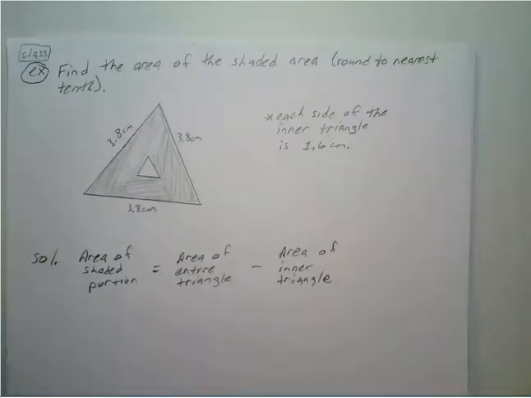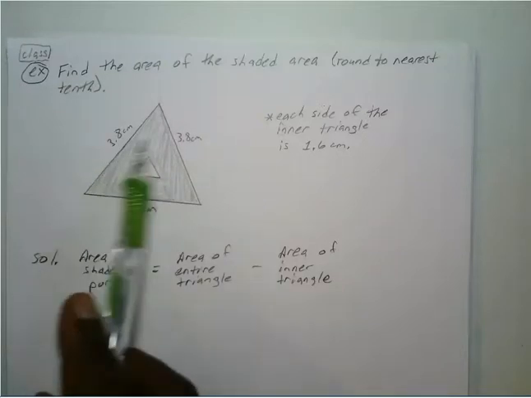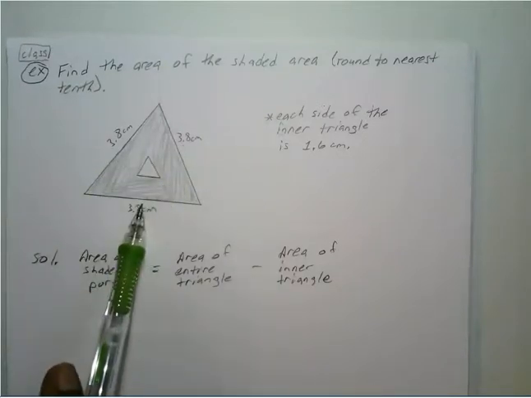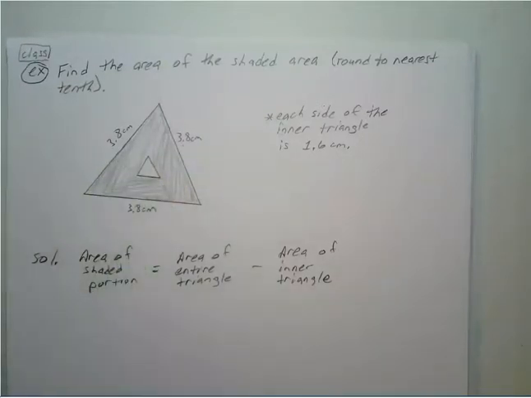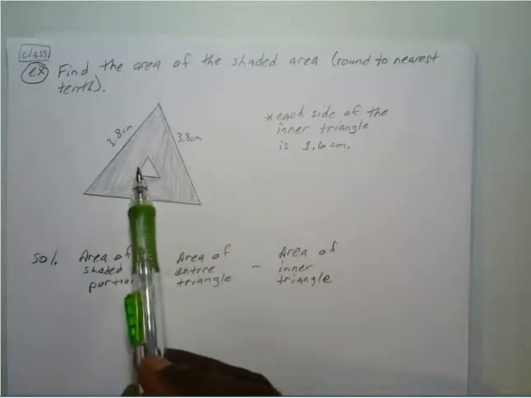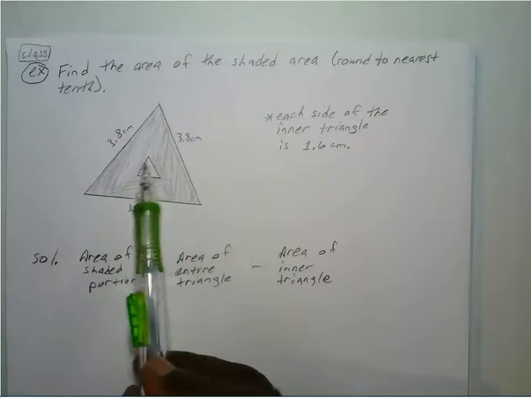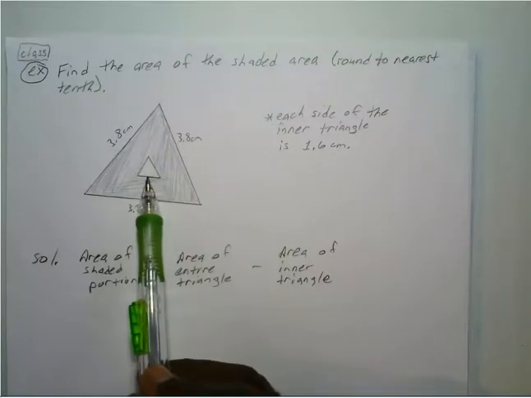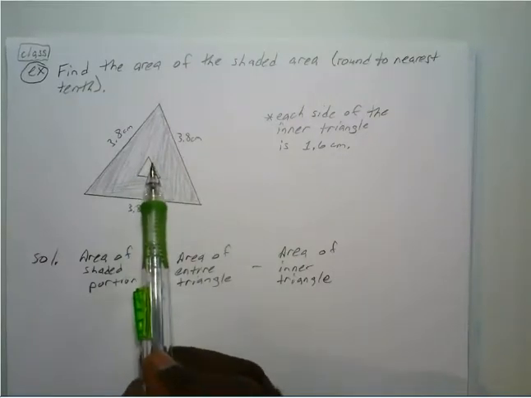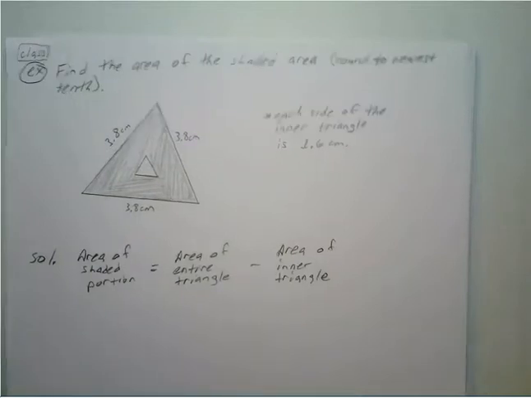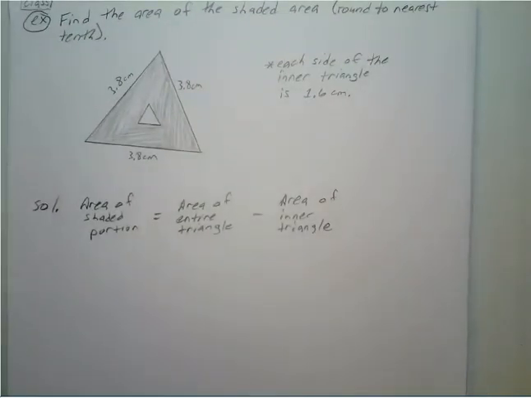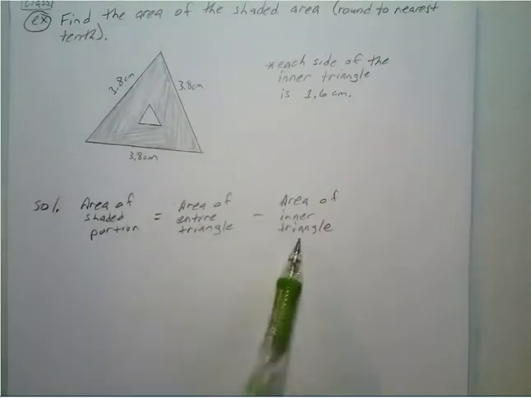Okay. Now, just the fact that we know that each side of the outer triangle is 3.8 centimeters, we know it's an equilateral triangle. All sides are equal. And we know that the sides of the inner triangle, all those are 1.6. So we know that's an equilateral triangle. Okay, so we know we're going to be using the equilateral triangle formula for both of these.